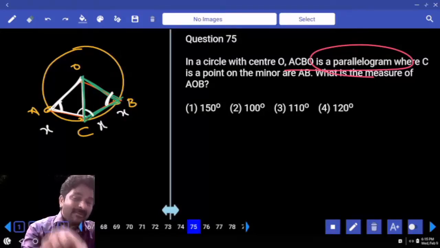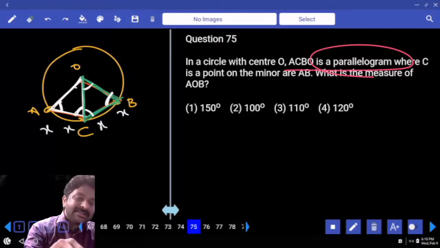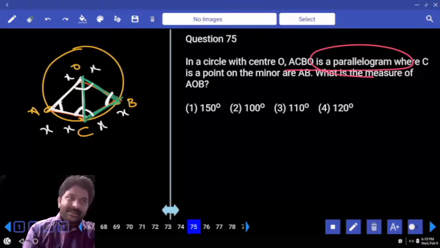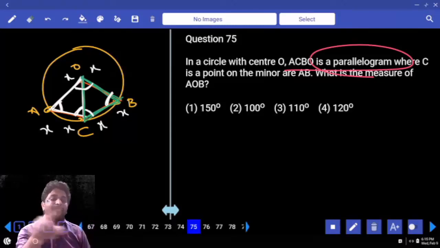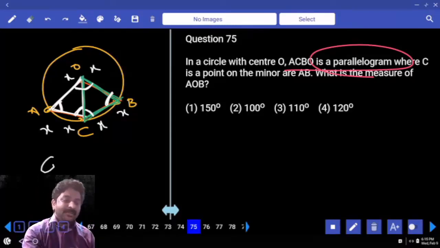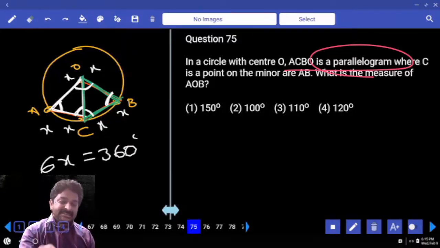For triangle AOC, angle at C also must be equal to x only. Then the other two angles must be 2x, because angle at C is equal to 2x. Now in a quadrilateral, the sum of all the angles is 6x, which is equal to 360 degrees. Then x is equal to 60 degrees.